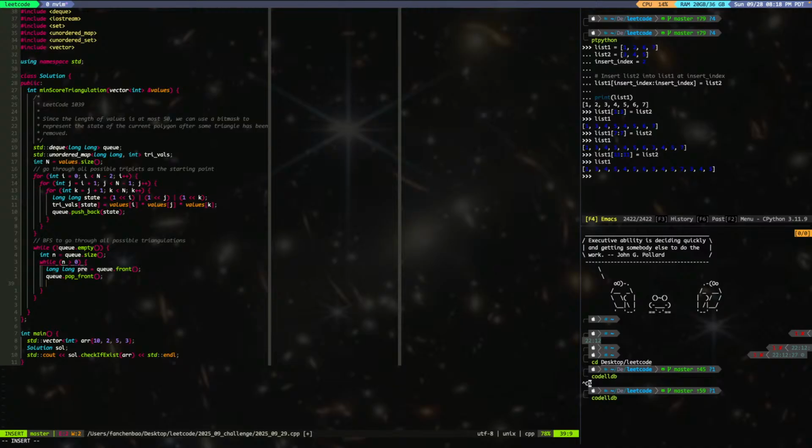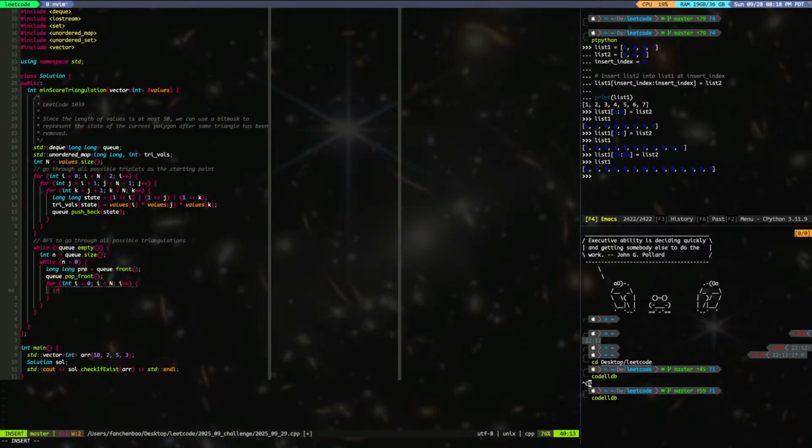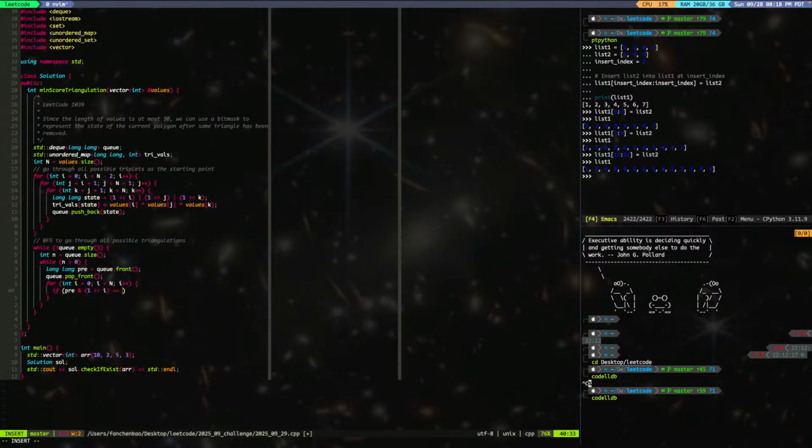So we say for int i = 0, i smaller than n, i plus plus. If pre and 1 left shift i is equal to 0, which means position i has not been set, then we're going to set it.